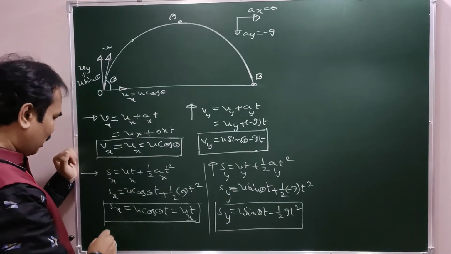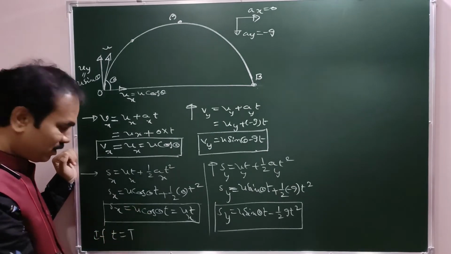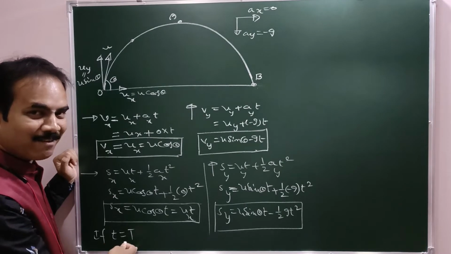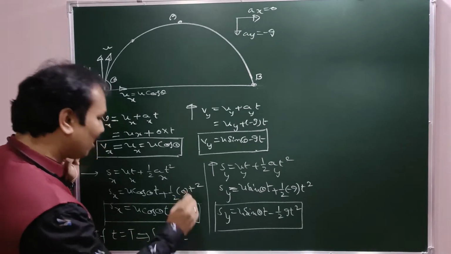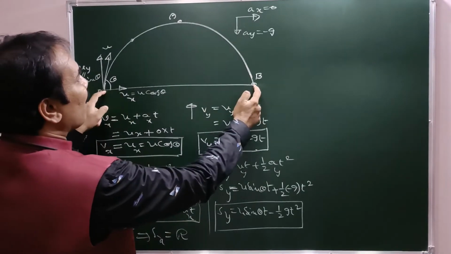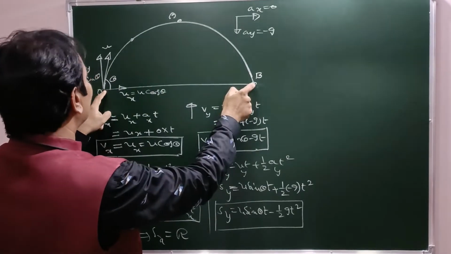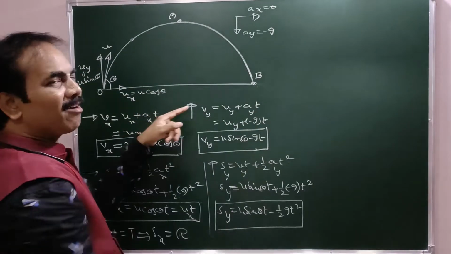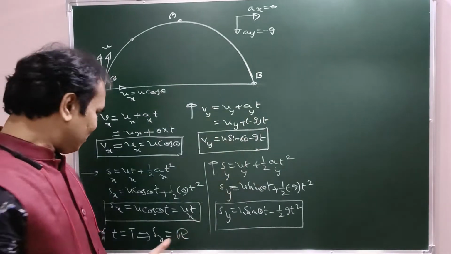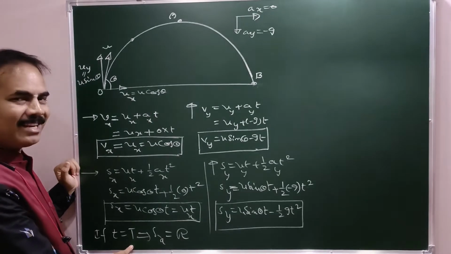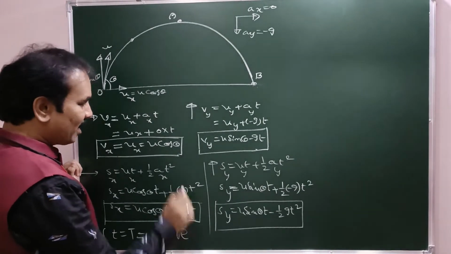If t becomes maximum, that is t becomes the time of flight, then sx becomes the range, the horizontal range. This is the total horizontal displacement covered in the entire flight. So distance OB along horizontal becomes the horizontal range. So if t becomes capital T, the time of flight, sx becomes the range. Right?